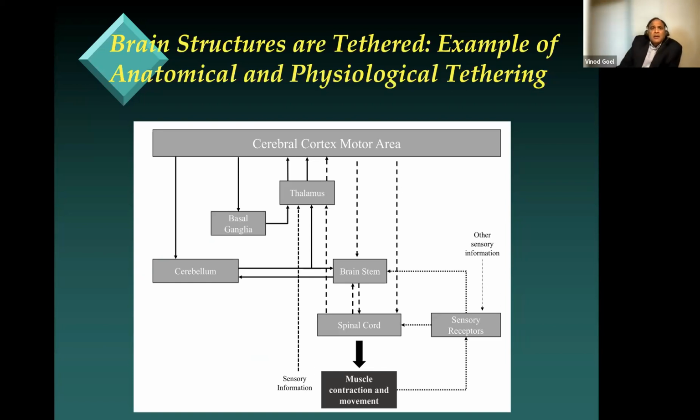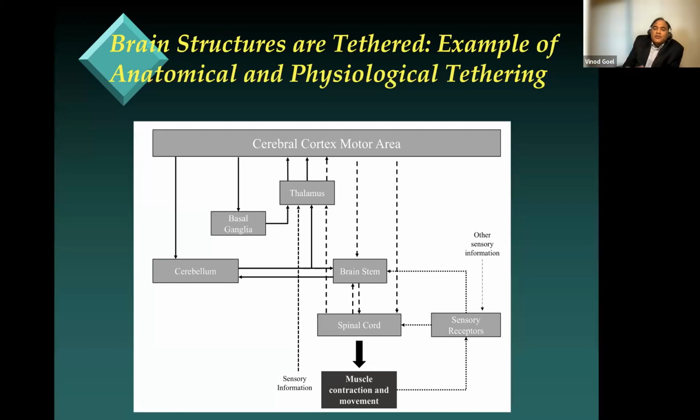But they're also integrated. Each of these structures is integrated and tethered to the structures below. And here's a simple example of tethering: a simple behavior like moving my finger requires signals from the motor cortex, thalamus, basal ganglia, cerebrum, brainstem, all the way through, right?